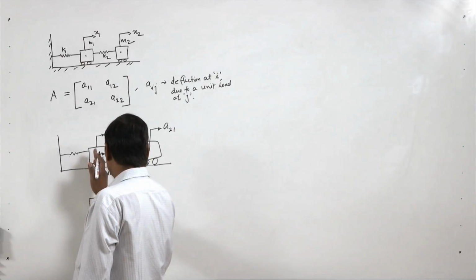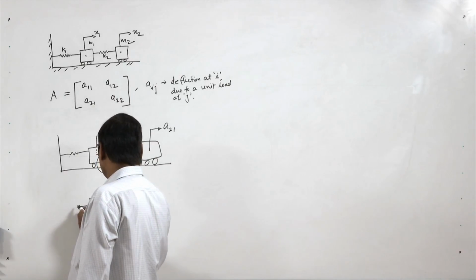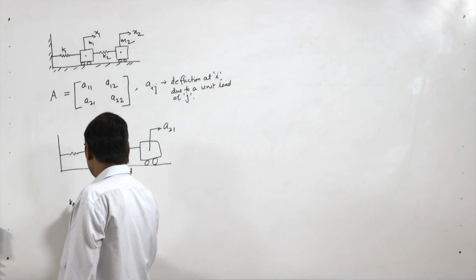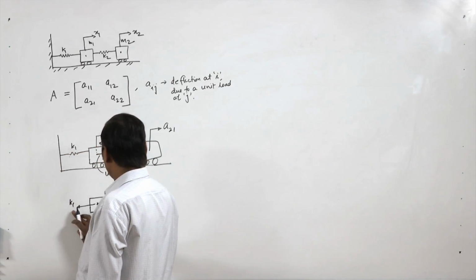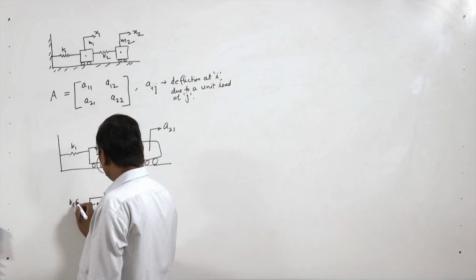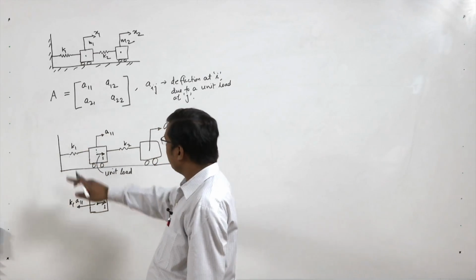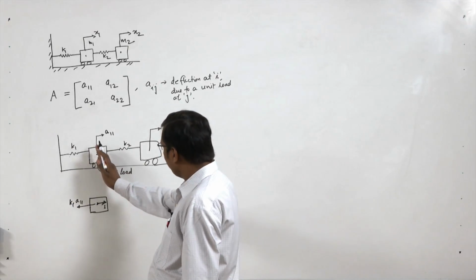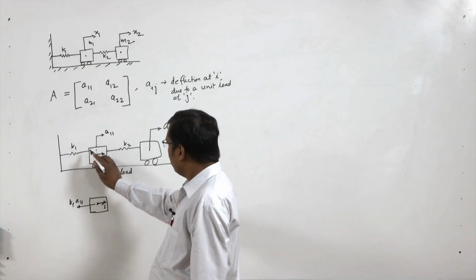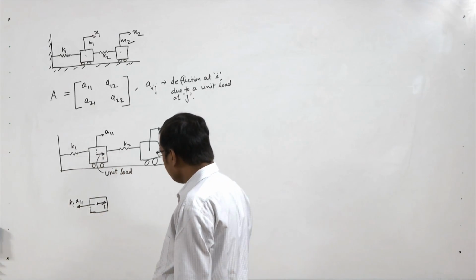Then because we have some deflection here, we will have a spring force, that is K1, because this is K1 and this is K2. So K1 into A11, because A11 is the deflection and K1 is the stiffness. So the spring force acting due to the movement is K1 into A11 in the opposite direction.